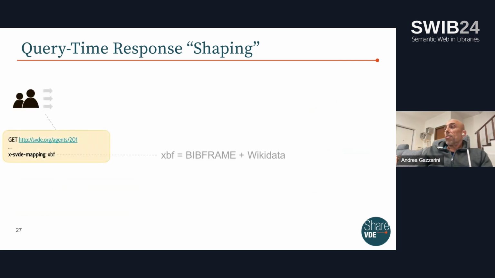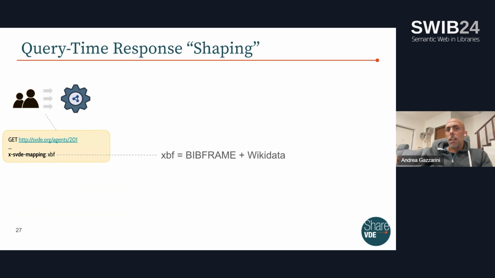So in our prototype, we created a couple of mappings. One that uses BIBFRAME plus the Wikidata ontology, and another, XDC, that is using schema.org and Dublin Core. XBF and XDC are codes that we assigned. They mean nothing, basically. It could be whatever.